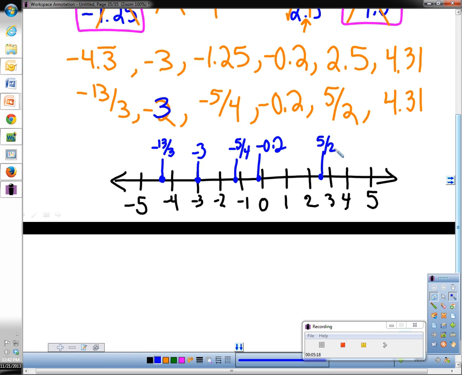And lastly, 4.31, not quite halfway between 4 and 5. So we've ordered these numbers from least to greatest, and we've graphed them on a number line.